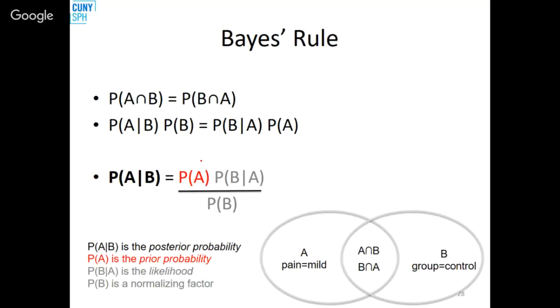And probability of A conditional on B will be your probability of having the disease after taking the test. That's why it's called posterior. And this other conditional probability is called the likelihood, and this probability of B is just a normalizing factor.